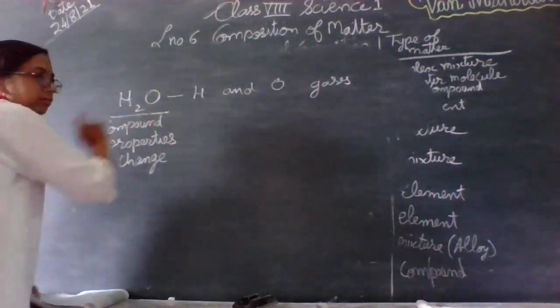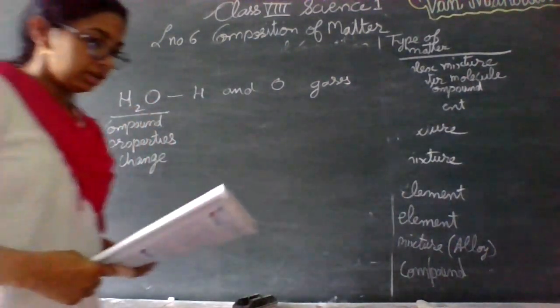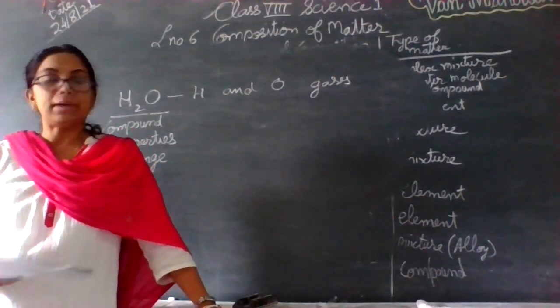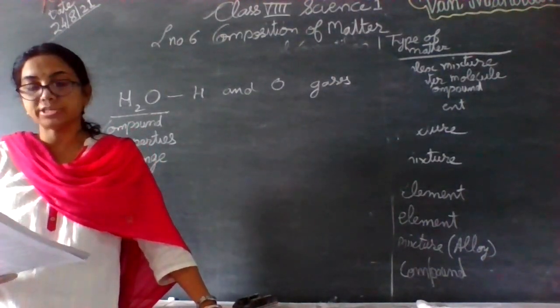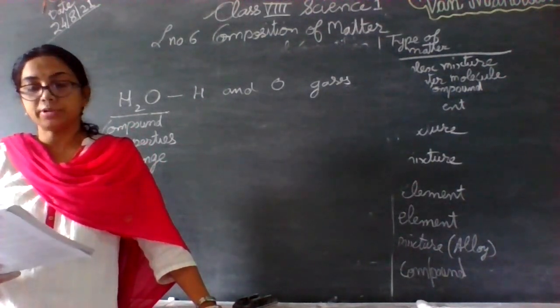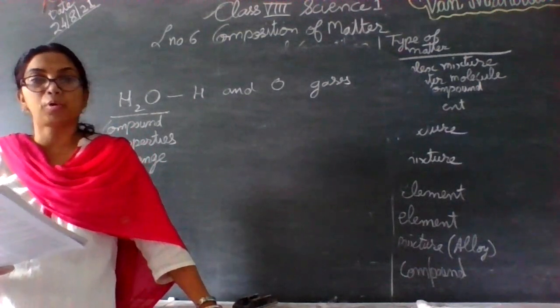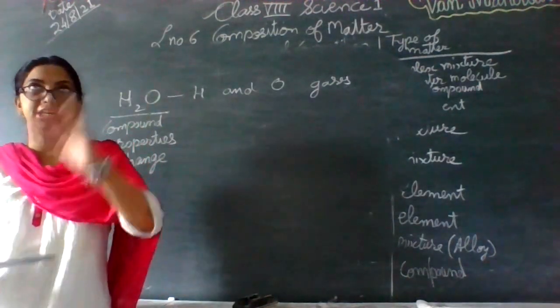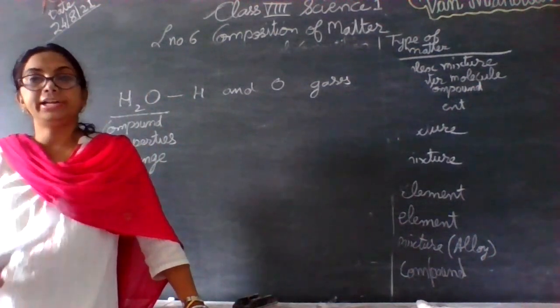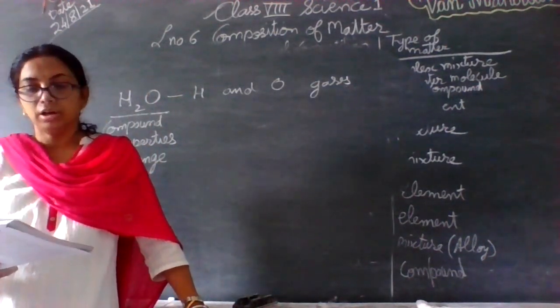They became liquid, first thing. Then it brings down the temperature of the combustible substance, and the combustible substance's temperature is brought below its ignition temperature. In that case, it is helping in putting out fire.